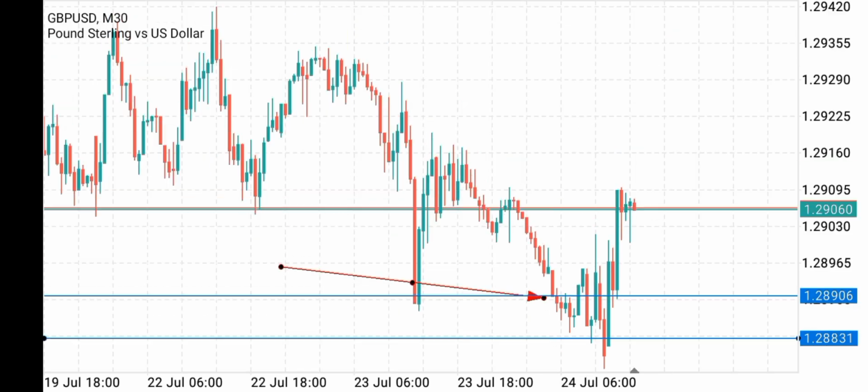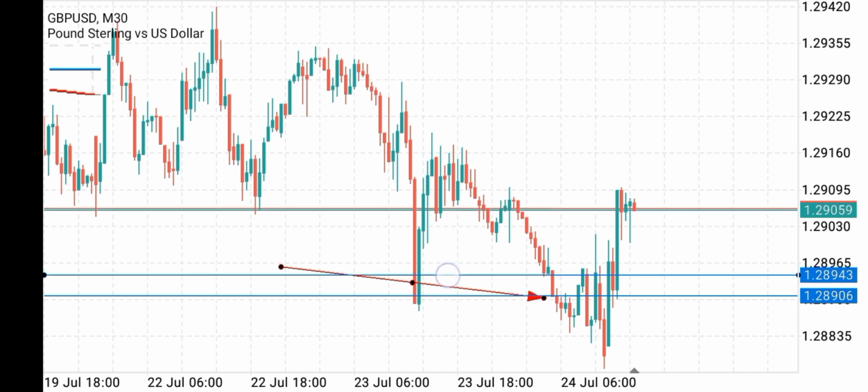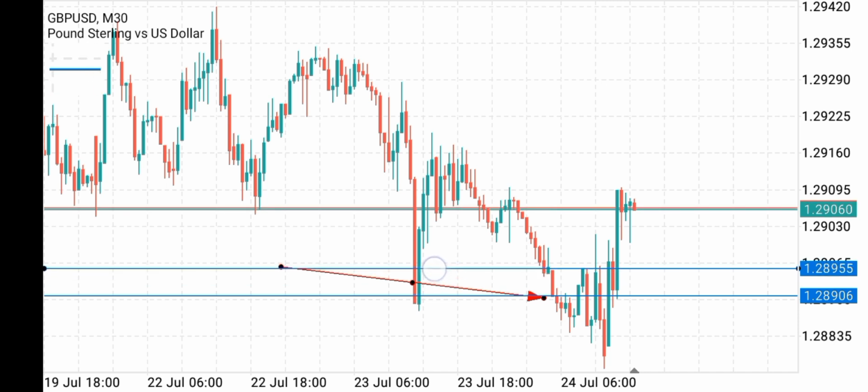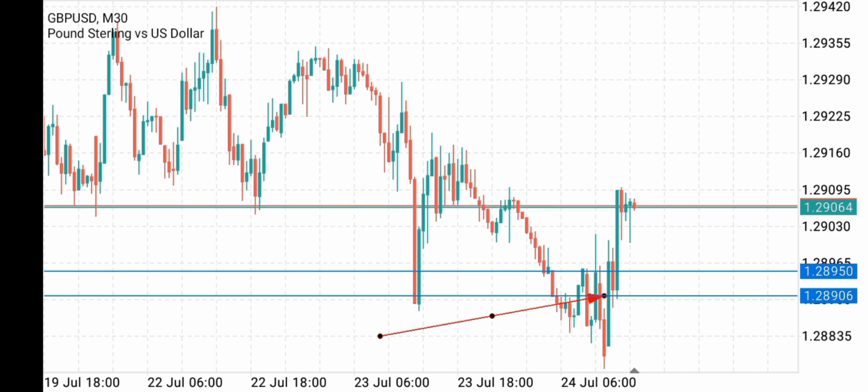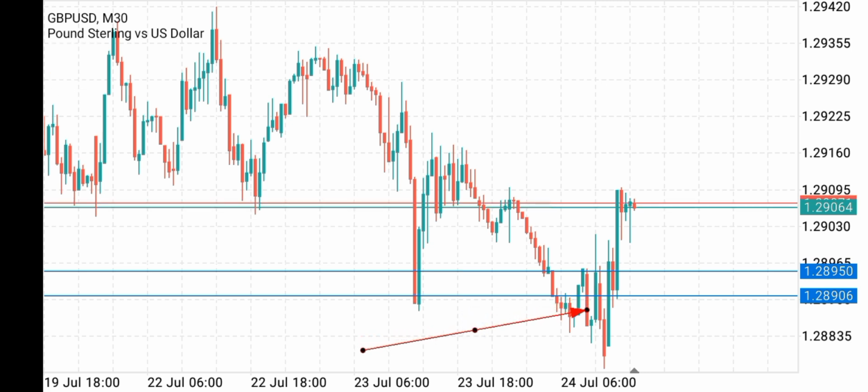And GBP USD then increased from that place to this place. So I'm giving an example. There is an increase in the price, there's an increase in the value.